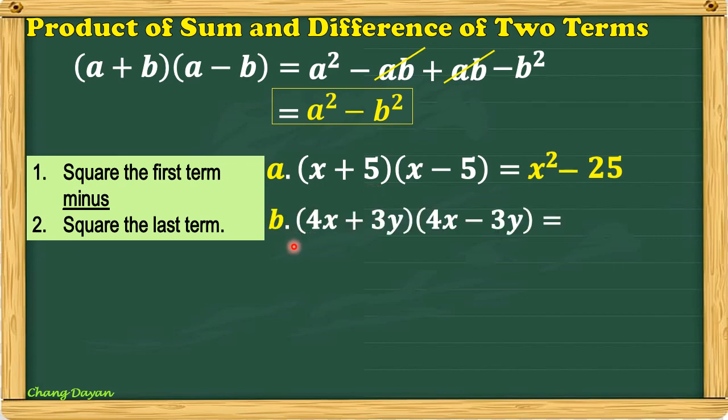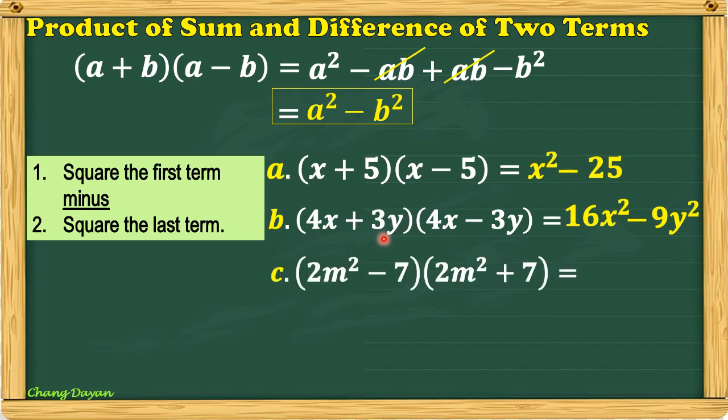For letter B, 4x plus 3y multiplied by 4x minus 3y. Square 4x, that is 4x times 4x, will have 16x squared. Minus square 3y. 3y times 3y, you'll have 9y squared.